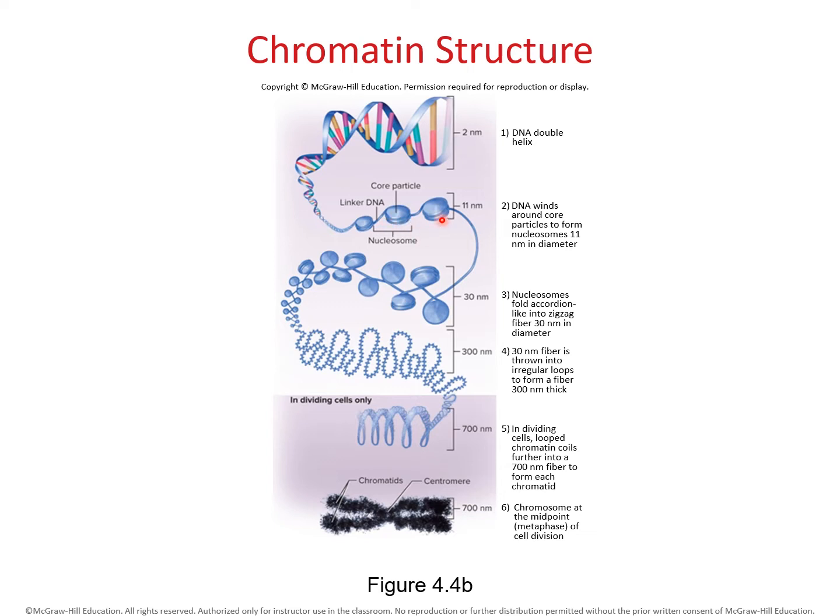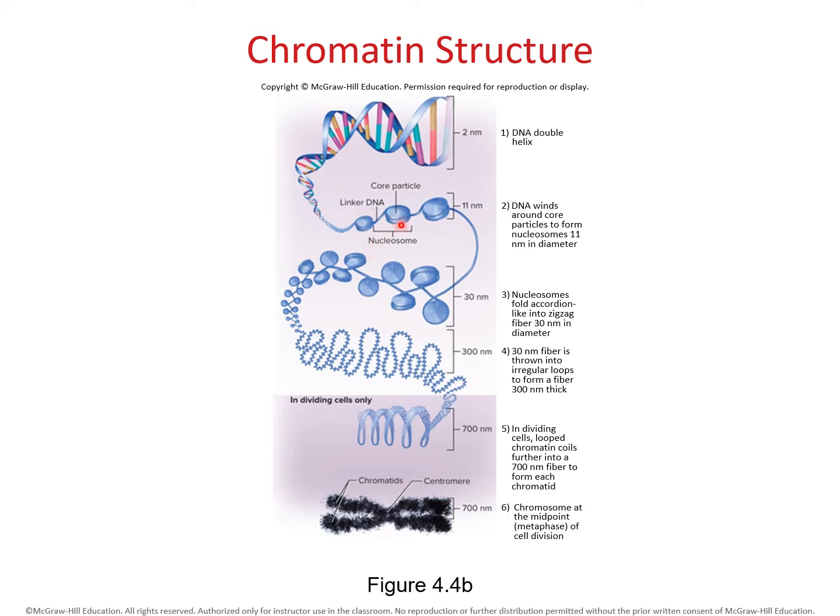And then these different core particles, which are made of histones, are going to be linked together by way of what's known as linker DNA. So basically the linker DNA is a specific segment of DNA that codes for just serving as linker DNA. Linker means we're linking together the core particles.